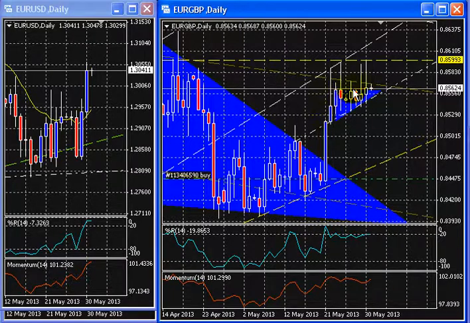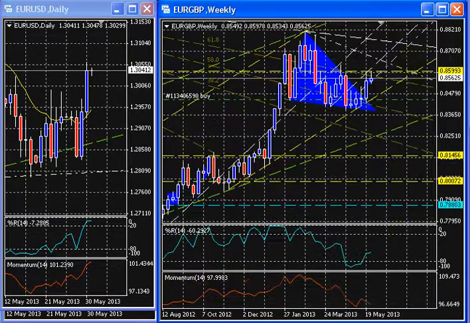And this continuation here also supports an ascending triangle, a smaller ascending triangle compared to the weekly, where at least at now the price of 0.8562 is being held at bay and waiting for some fresh incentives to move higher.